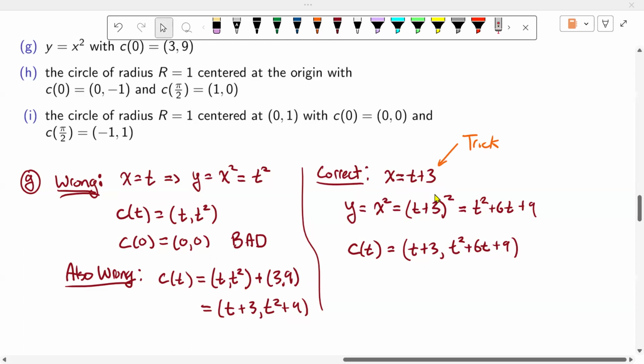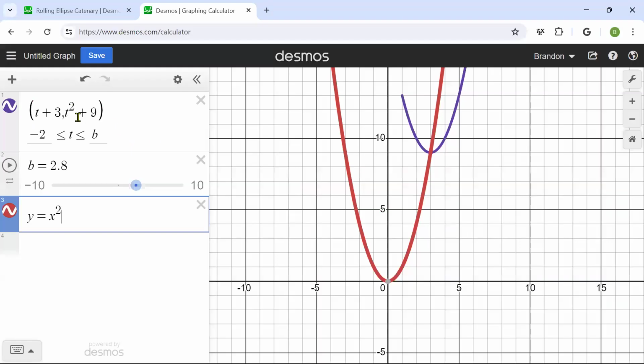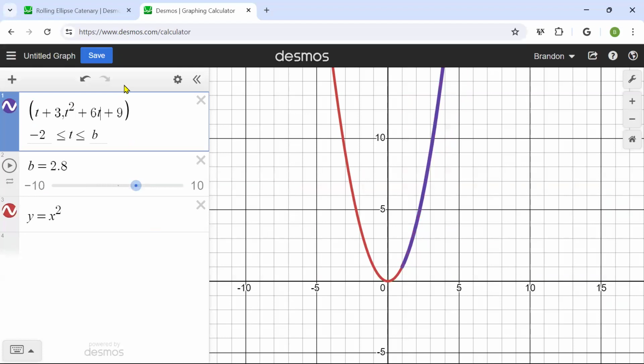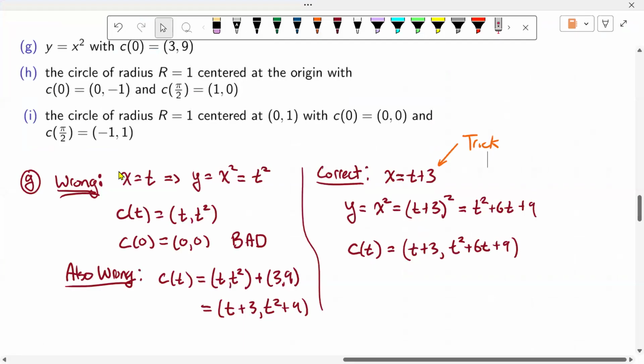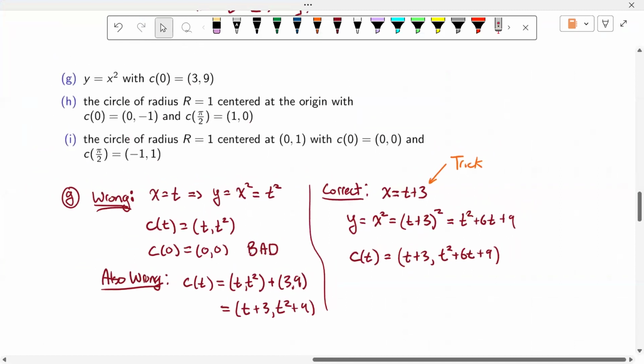And so now let's fix it. It's easy. I just add a 6t here and there. Now it's all good. Might be a little hard to see there, but it's on the correct thing. If I plug in 0, I get the 0.39. It's all set. All right, so that was part G. Very tricky problem.